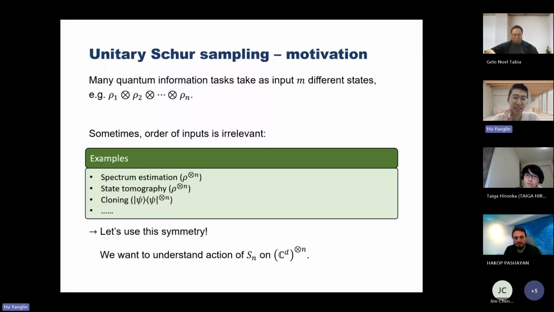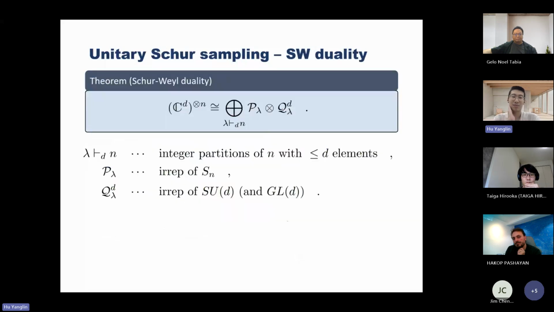In this case, we could use this permutation symmetry to simplify our task. This motivates us to understand the action of the symmetric group on the n copies of Hilbert space. A very important theorem to understand the permutation group is the Schur duality.